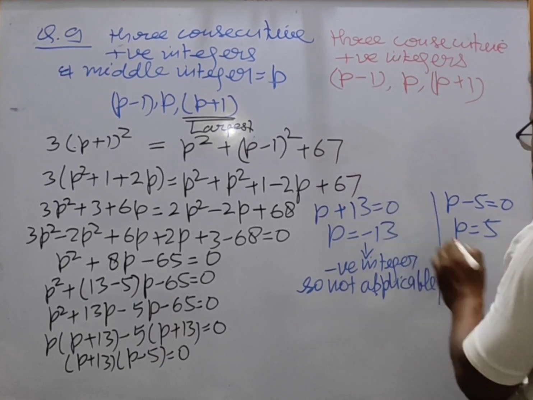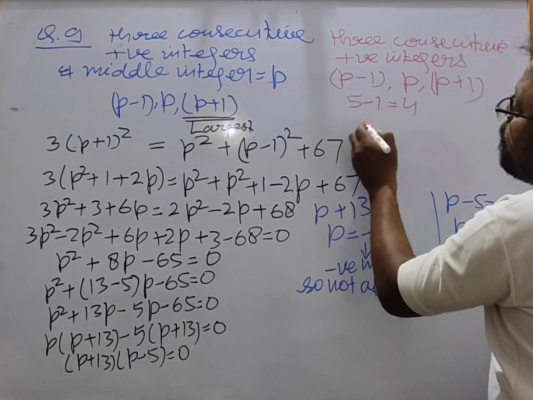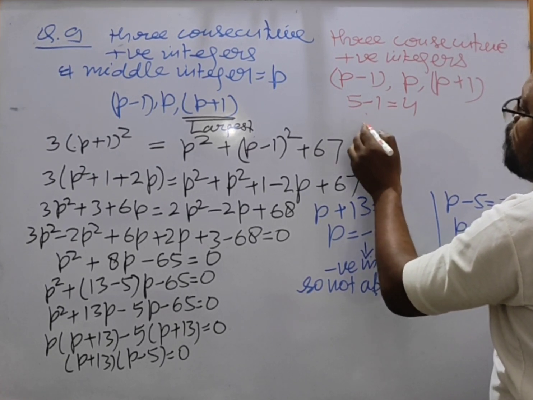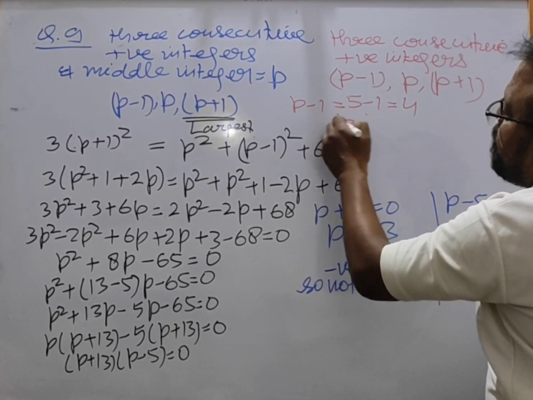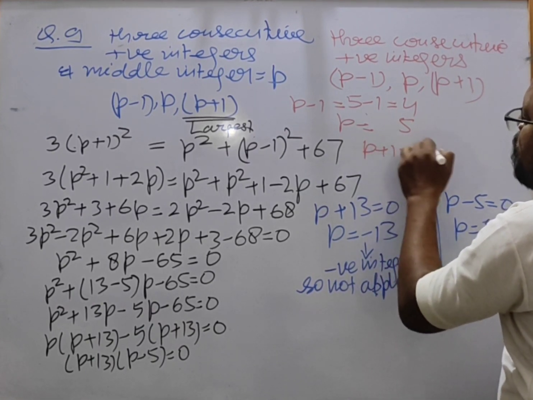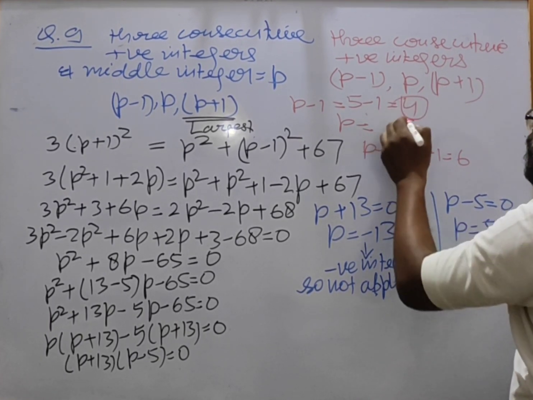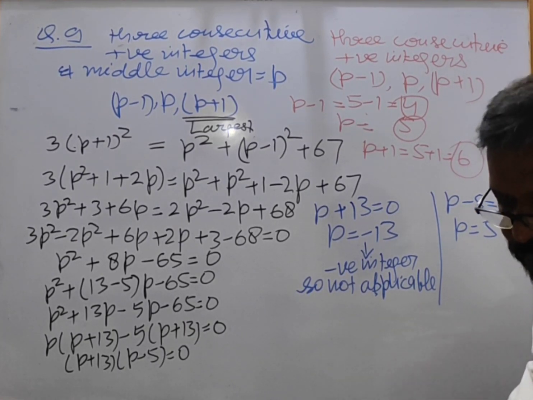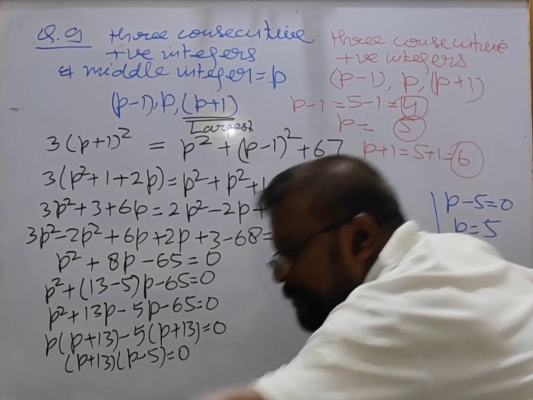So p is 5, so p minus 1 is 5 minus 1, which is 4, and p plus 1 is 5 plus 1, which is 6. So the numbers are 4, 5, 6. These are the possibilities. I hope you understand. Okay, should I do this?